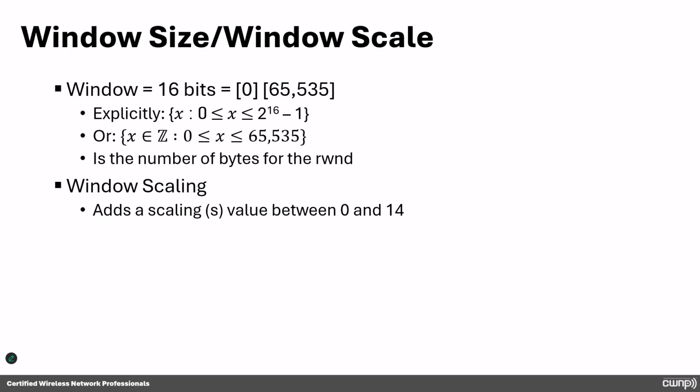Now, the specific reason that the maximum value is 14 is because the sequence numbers are 32 bits. So TCP sequence numbers are 32 bits, and the reality is that means we'll exhaust that pool with a certain number of segments. If we let window scaling get too large, it's possible you'll get into a window sequence cycle problem where you're cycling back to reuse a sequence number within the window.